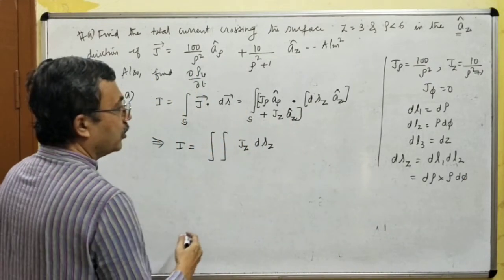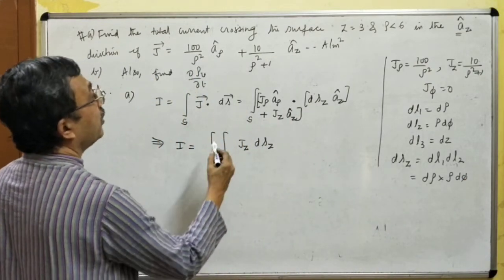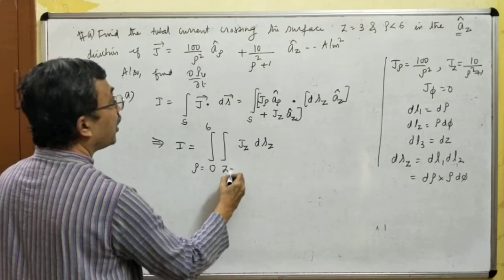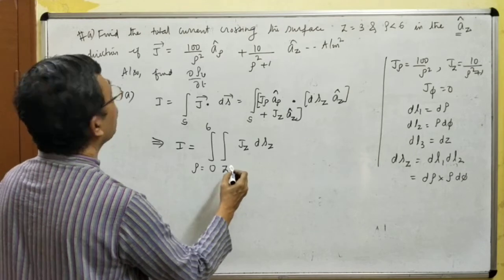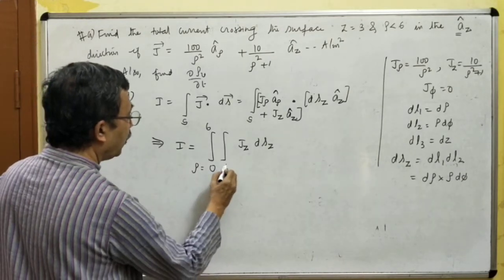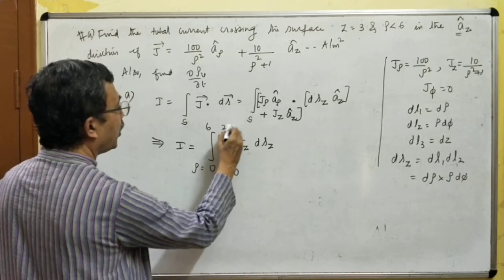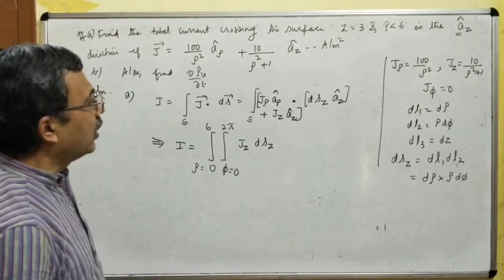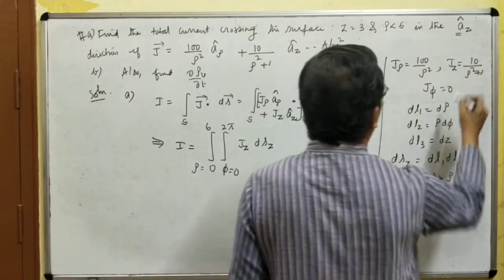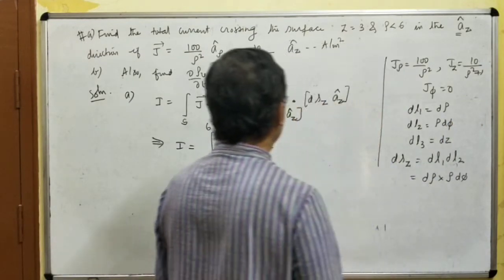So, rho varies from where to where? 0 to 6. This is the variation of rho. Phi varies from 0 to 2 pi in a cylindrical coordinate system. And the expression for Jz is 10 divided by rho square plus 1.